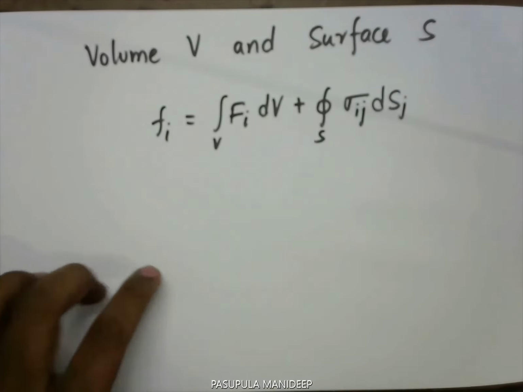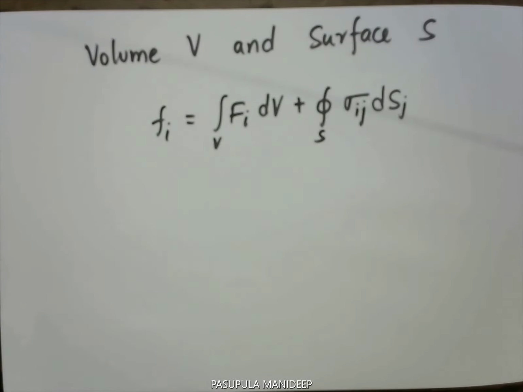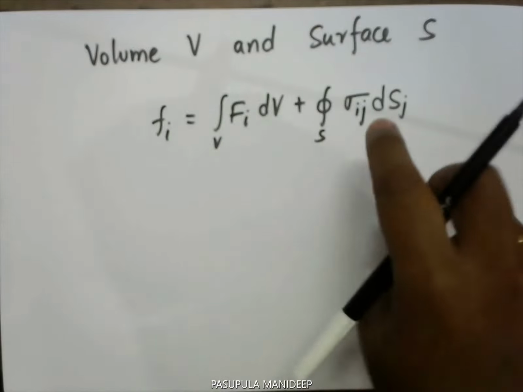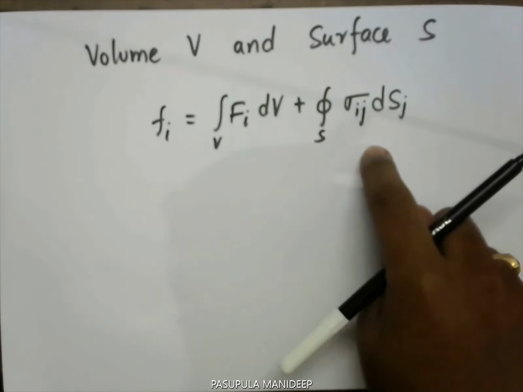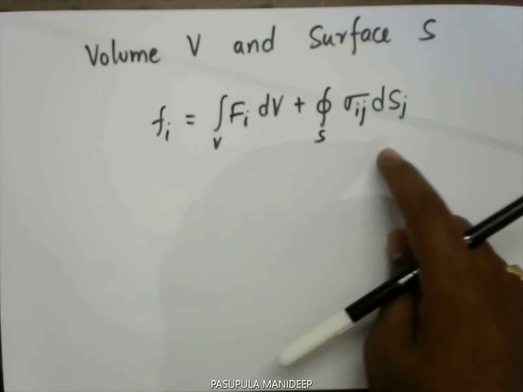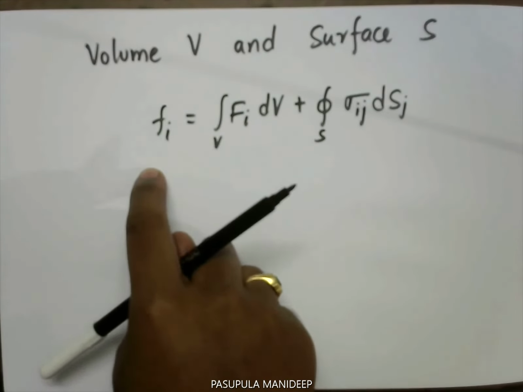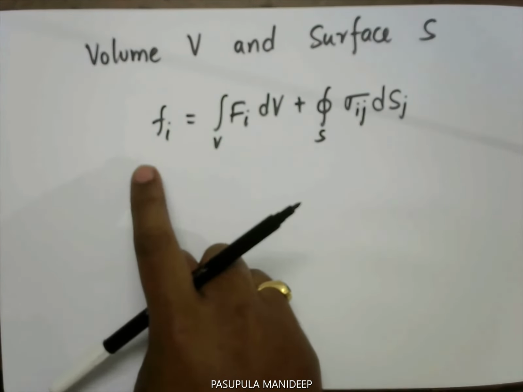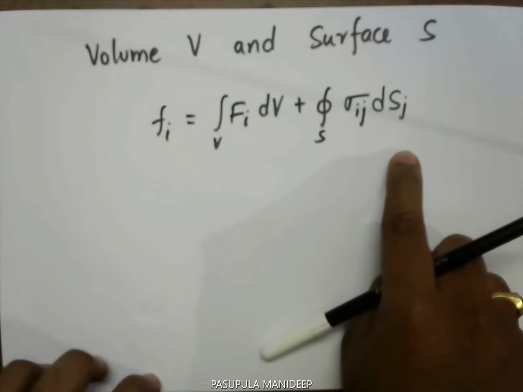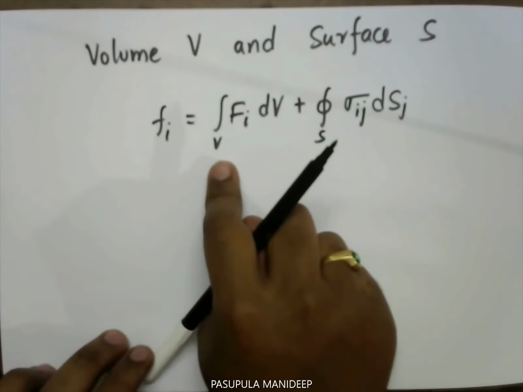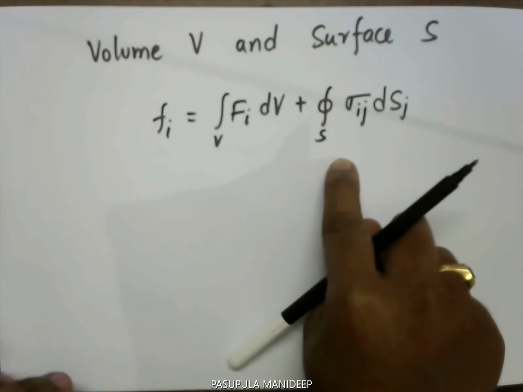This is written in index notation. It states the body force and the surface forces. So the i component of the total force can be written in this form: this is the volume integral and this is the surface integral.